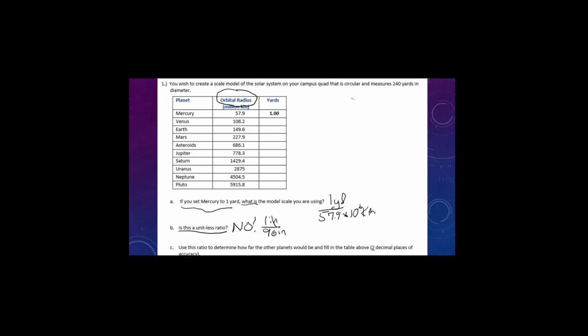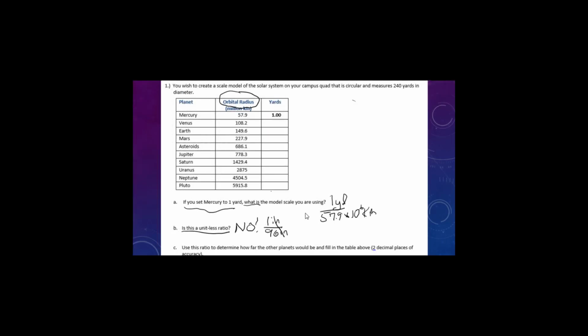You can cancel the inches, and that is unitless because units cancel. Units aren't canceling here. It is not unitless. So they want us to use this ratio that we have here, that we were given, to determine how far the other planets would be. Use it to fill in the table.